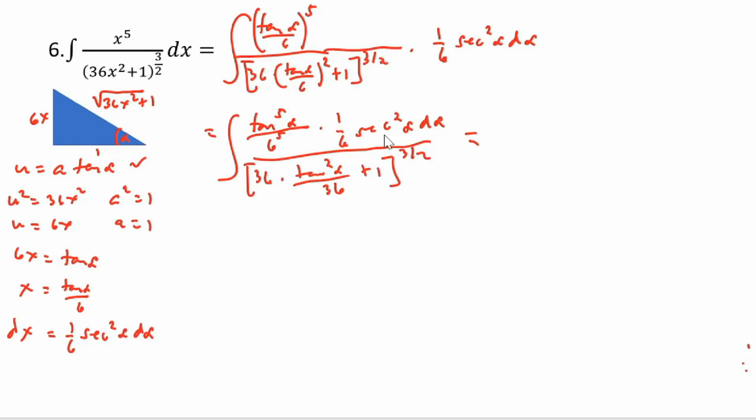Simplifying the numerator, we have tangent to the power of 5 alpha over 6 to the fifth power times 1 over 6 of secant squared alpha d alpha.